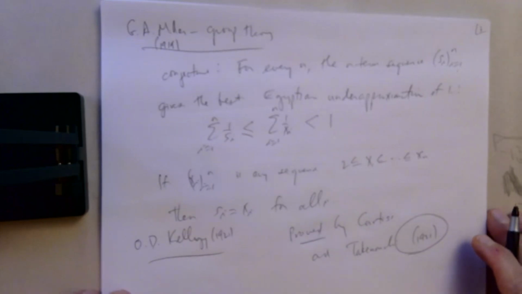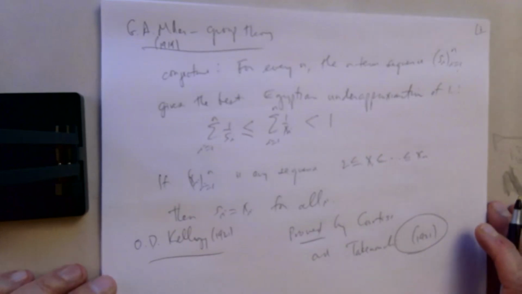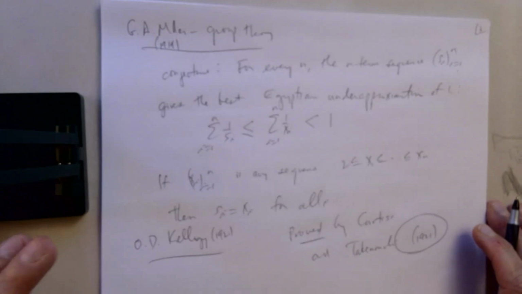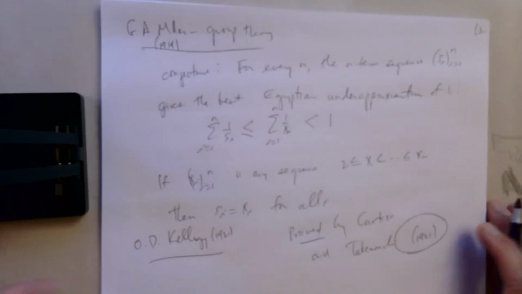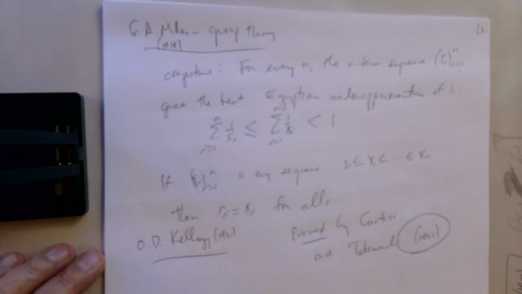So the classical result is that the Sylvester sequence is the sequence you get by applying the greedy algorithm to under approximate the number 1. And this is, in fact, for every n, the unique best under approximation. Okay.